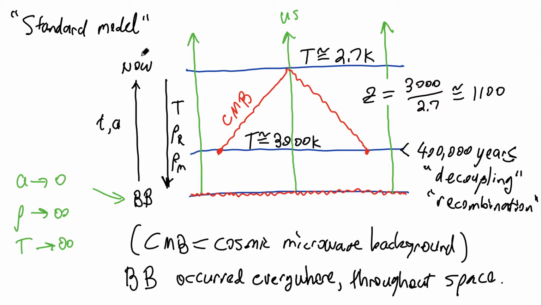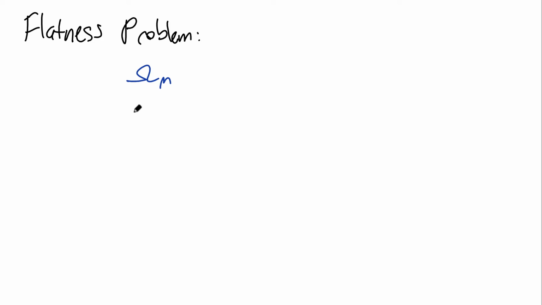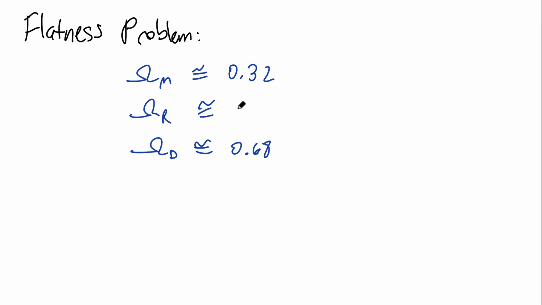Now there are several problems with the standard model, things that we don't understand, and I'd like to discuss two of them in particular. The first is referred to as the flatness problem. Recall that the energy density of ordinary matter, radiation, and dark energy, the present day values are proportional to these omega parameters, and omega m was about 0.32, omega d is about 0.68, and omega r is very small, on the order of 10 to the minus 5 or so.